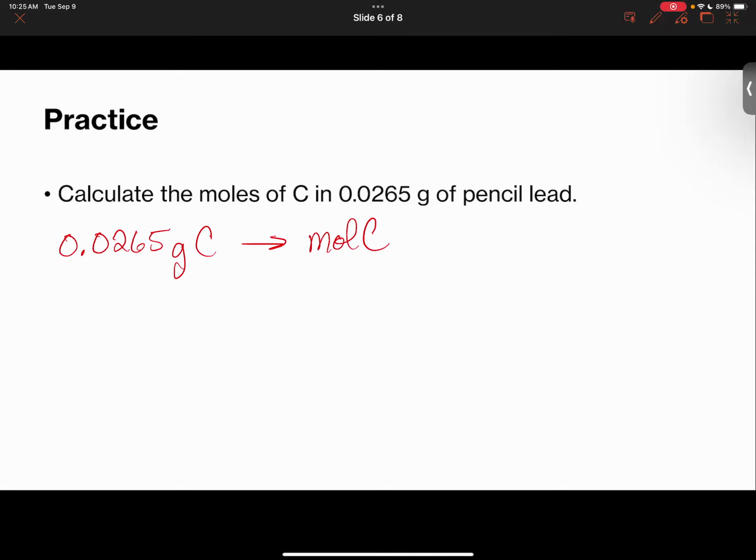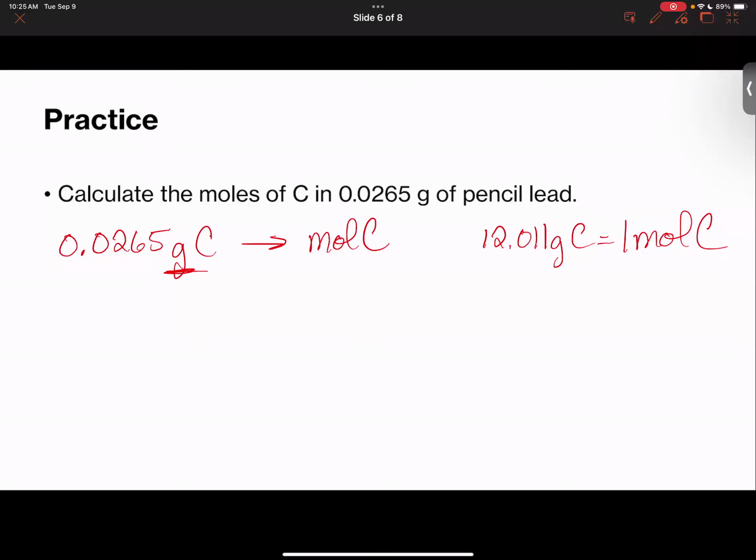So I look to the units. I have grams of carbon. Anytime you have grams, your conversion factor is going to be the molar mass. The molar mass of carbon is 12.011 grams of carbon is equal to 1 mole of carbon. Again, anytime you are working with grams, you're going to use the molar mass as a conversion factor.